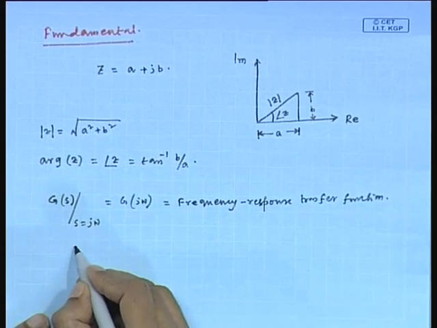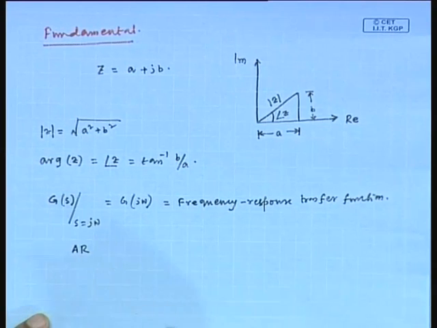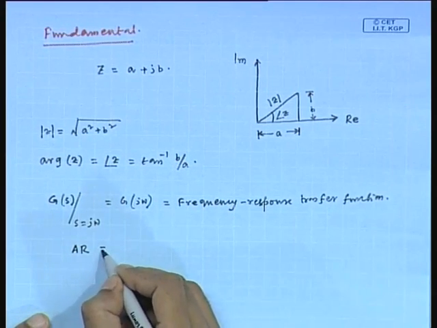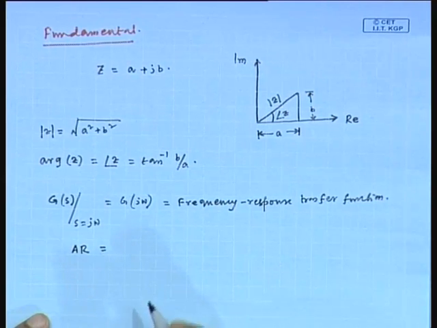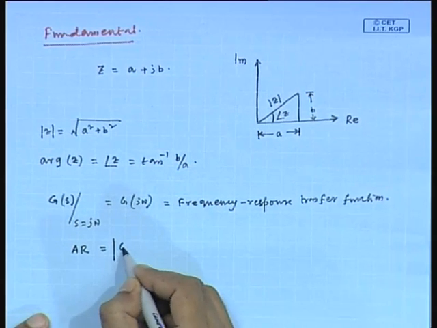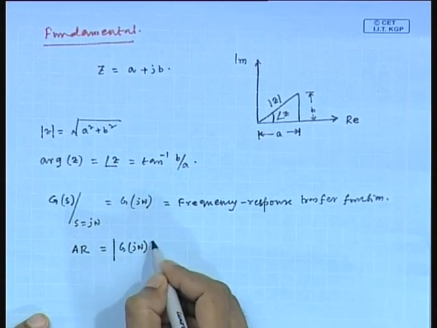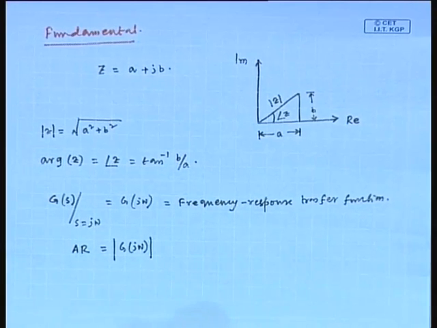Now, amplitude ratio we can determine, I mean the amplitude ratio is the magnitude of this Z of j omega. Amplitude ratio is the magnitude of the frequency response transfer function.